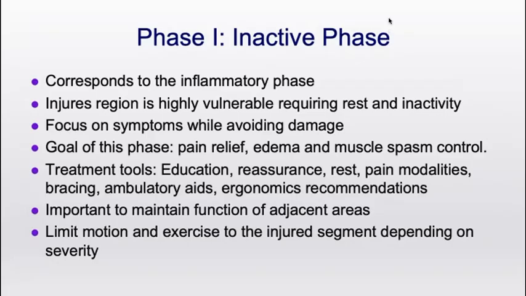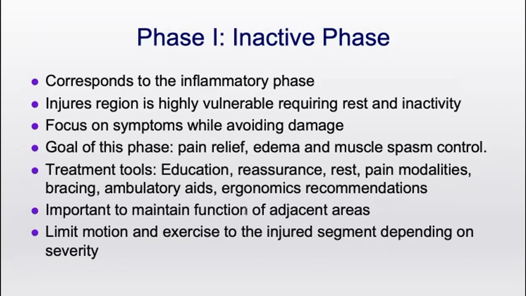Okay. Within the inactive phase, you might not be exercising or doing any movement to the immediate area, but it's very important to maintain function of the adjacent areas. So you need to look at the region above and below, or the joints above and below. Let's say a person's come into you and they've injured their elbow.